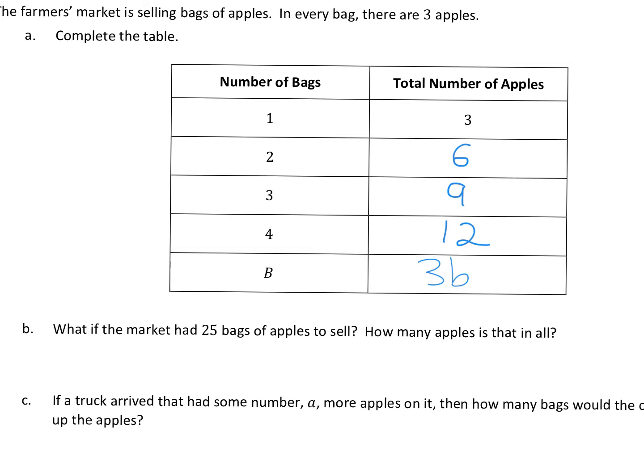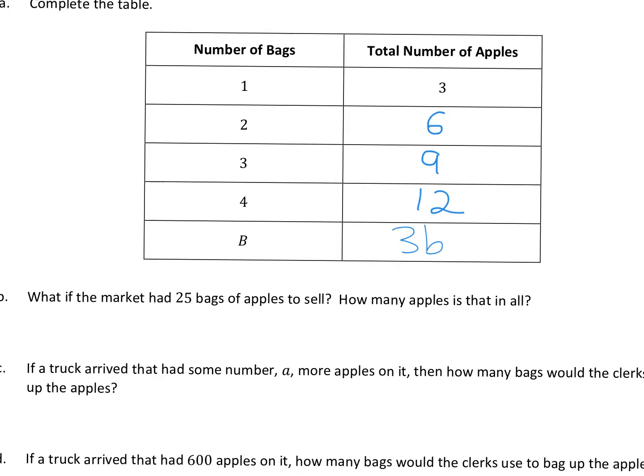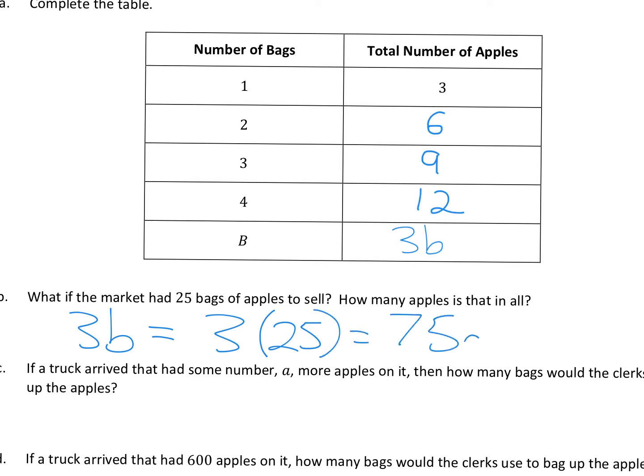So we can substitute B in for this right here. So 3B, instead of 3 times B, we're going to substitute in for the B, so that's going to be 3 times 25. So that's going to be 75 apples.